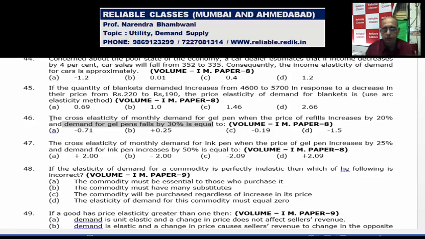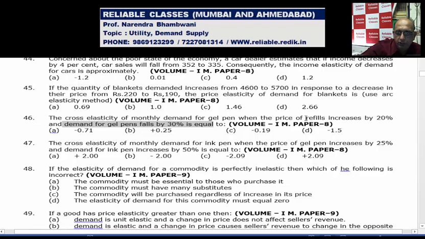In cross demand for gel pen, when the price of refills is increasing, the demand of gel pen falls by 30%. So 30% upon 20% is how much? 1.5. And they are moving in opposite direction.